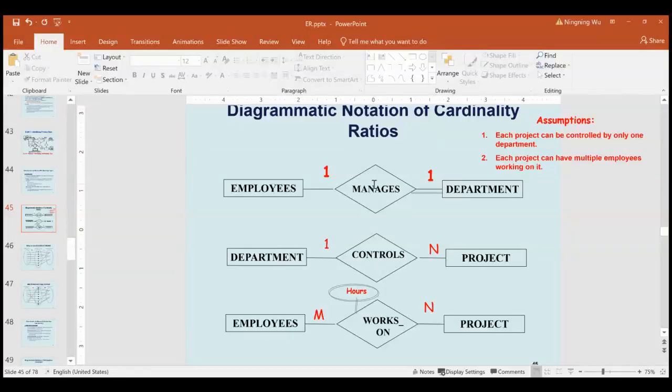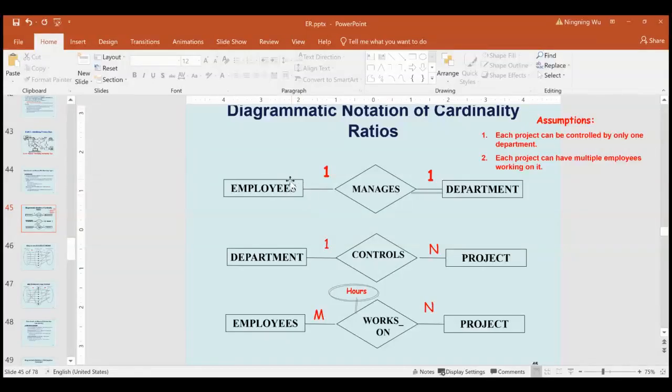So what this 1 really means is that every department must participate in this manager's relationship so that it can be related to its manager. Participation of the department is total, represented by the double lines connecting the department and manager.